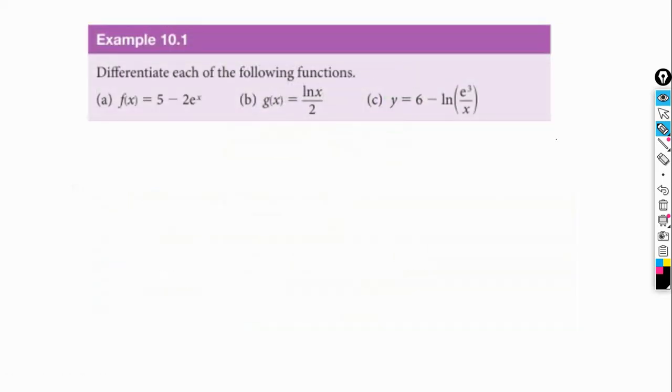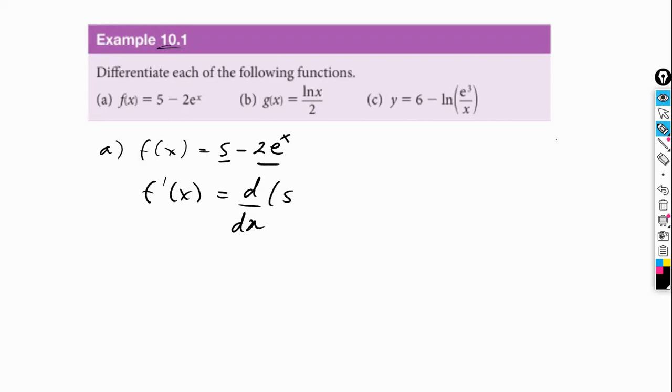Okay, so next we're going to do example 10.1. It says differentiate each of the following functions. So for a, we have f of x is equal to 5 minus 2 times e to the x. So the derivative of f of x is going to be the differentiation of 5 minus 2 times the differentiation of Euler's number to the x.